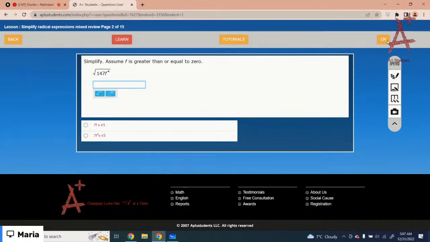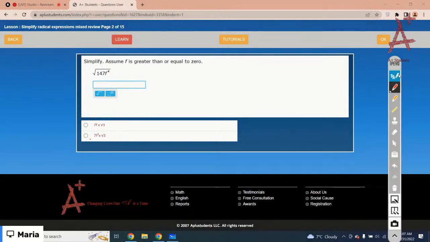Okay, the next one is square root 147 f to the fourth. Okay, so you have to write the prime factors for 147, and the prime factors for 147 are 7 times 7 times 3, or you can write f to the fourth as f square squared.